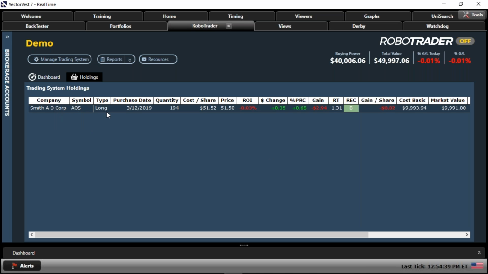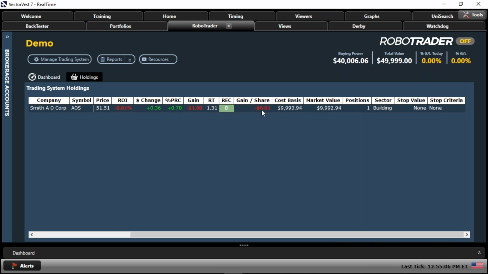Here's the company, the symbol, whether you're long or short, the purchase date, the quantity, your cost per share, the current price, your return on investment, the dollar change and the percent change in price from the previous day's close, your gain in dollar amount, and then you can look at some VectorVest analysis where you can look at the current relative timing of the stock, the current VectorVest rating, it's a buy, your gain per share, the cost basis, your market value, how many positions you have, what sector it's in, and if you're using stop criteria, you could see the stop criteria right from here.